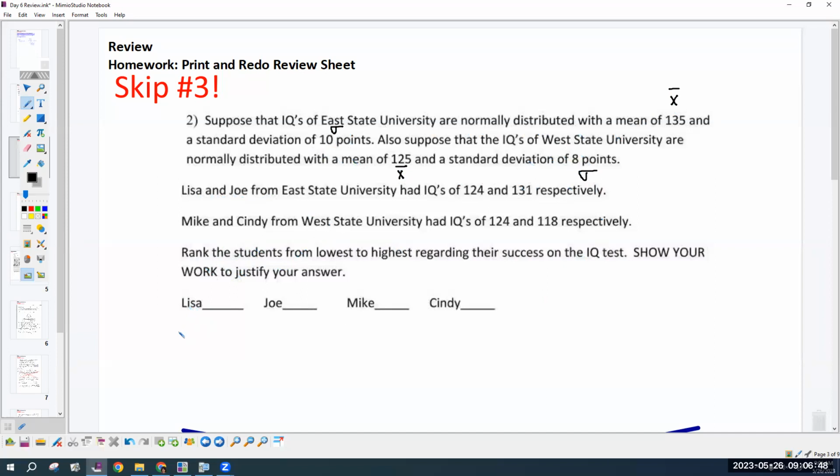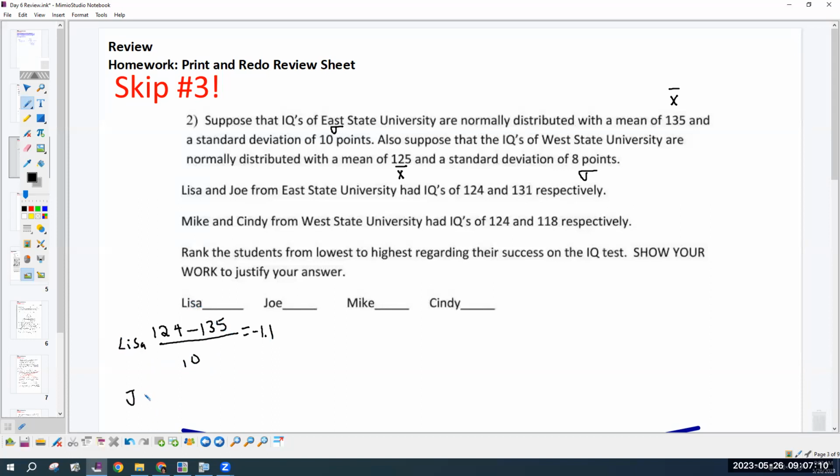Lisa is from East State, so 124 minus 135 over 10. When I do that arithmetic on my calculator, I end up with negative 1.1 for Lisa.